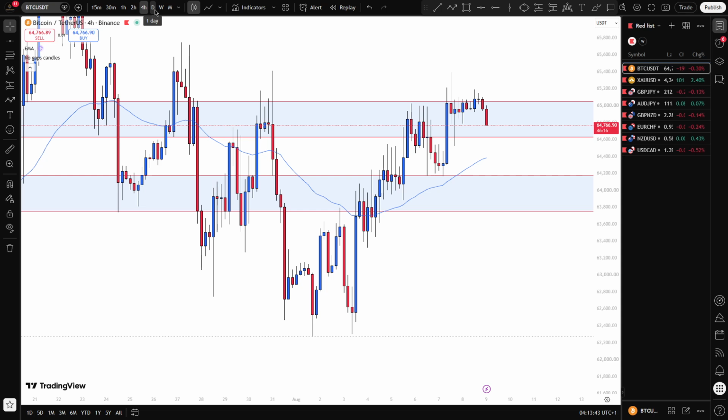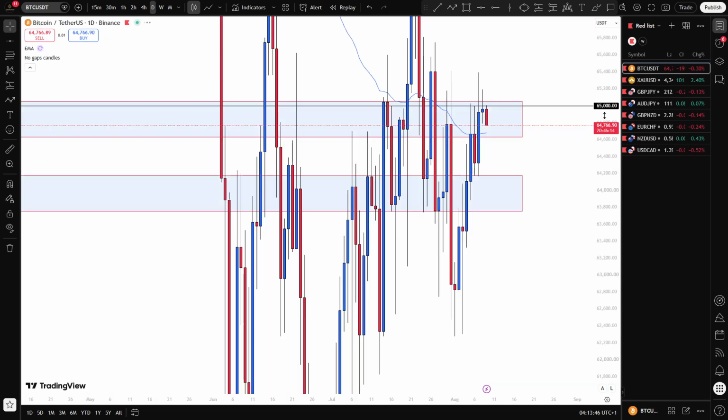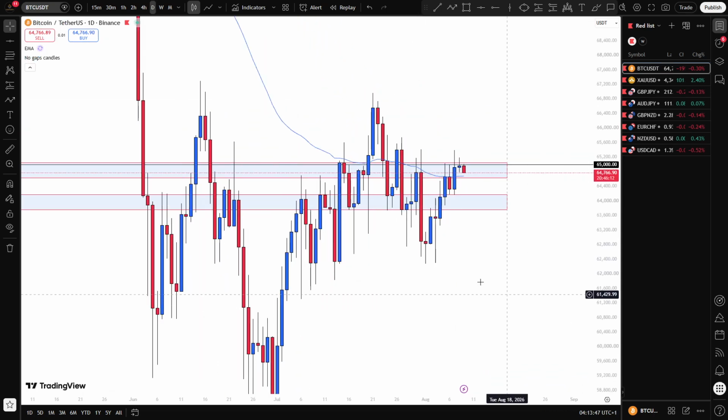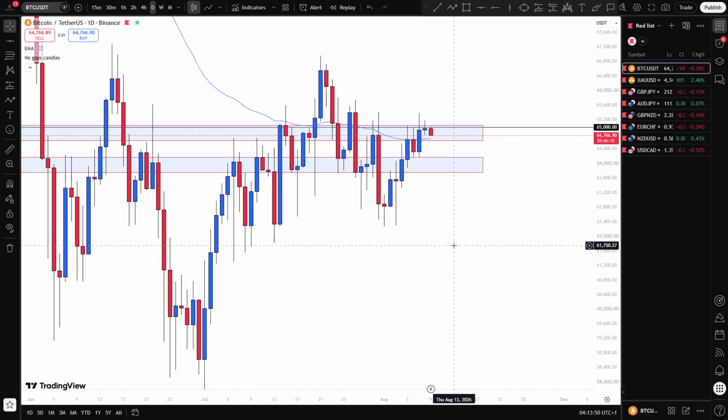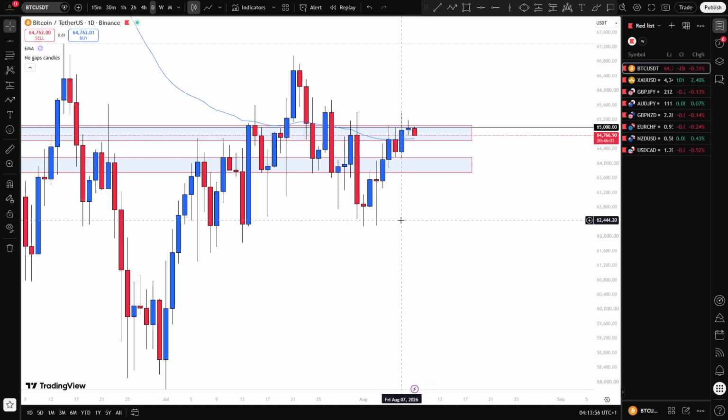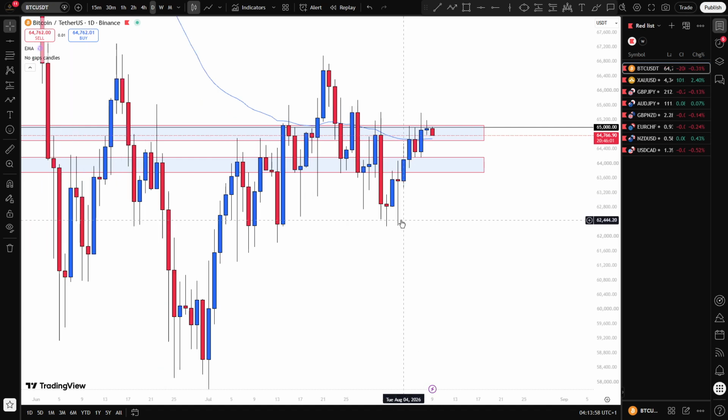So even if I want to be interested in taking this trade, I'll still want this daily time frame to turn bearish. And for this daily time frame to turn bearish, it's either going to be two things.